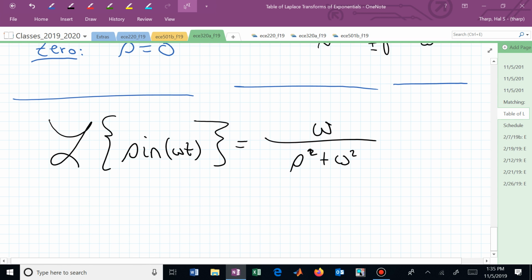But if you let s go off to infinity, do you see that that would cause that function to vanish? And s is squared. There's two s's in the denominator. You really have two different values of s that could go off to infinity, so you have two zeros at infinity.